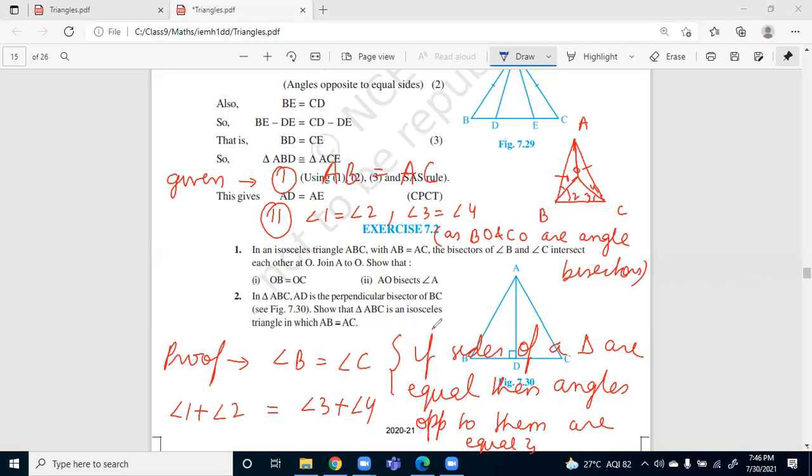Yes, ma'am. Okay. So now I know angle 1 and angle 2 are equal, it is written above. So in place of 1, I am writing 2. Similarly, in place of 4, I am writing 3. So angle 2 is equal to angle 3. Yes, Leona?